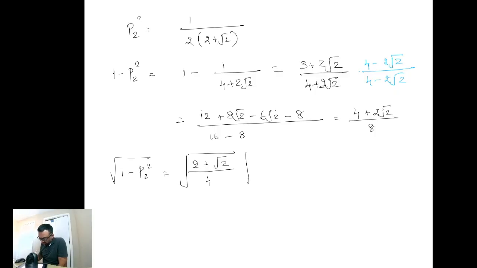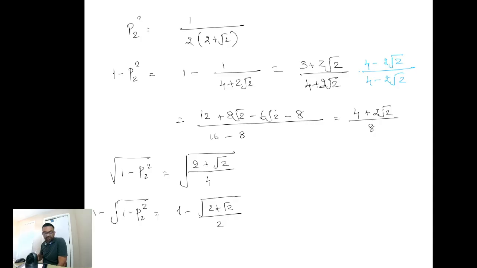Let's do 1 minus of root of 1 minus p2 square should be equal to 1 minus of root of 2 plus root 2 divided by 2. So this is where we are.